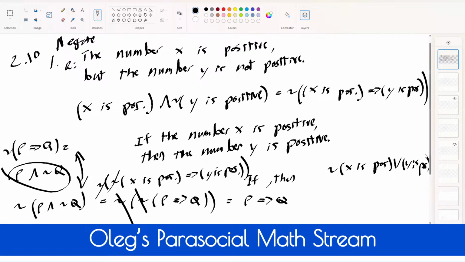Let's see here what I wrote. If the number X is positive, then the number Y is positive. And it's not X is positive or Y is positive. So X is either not positive or Y is positive.